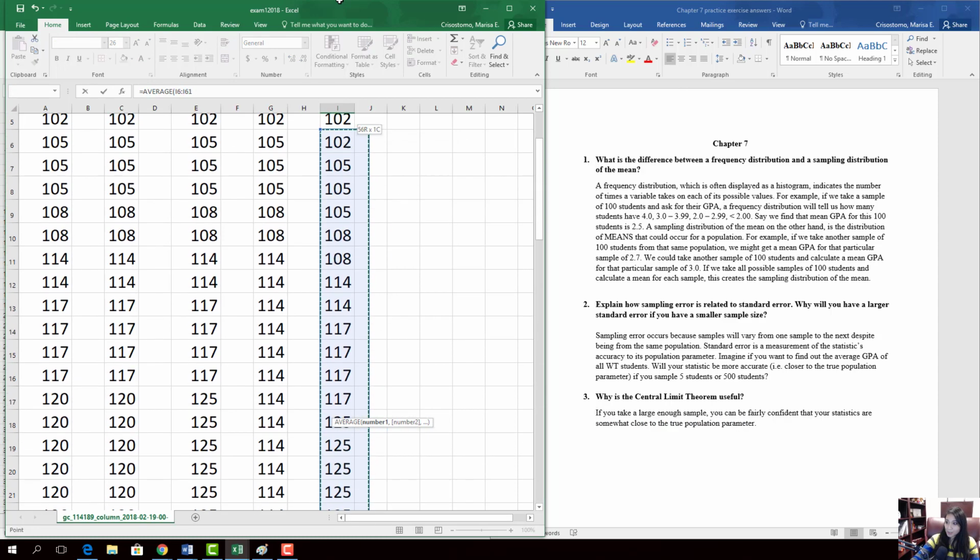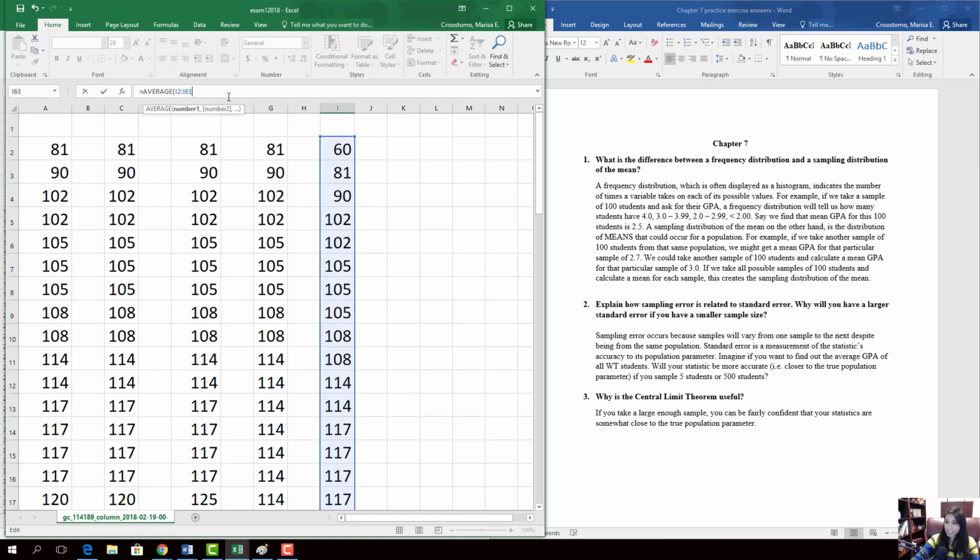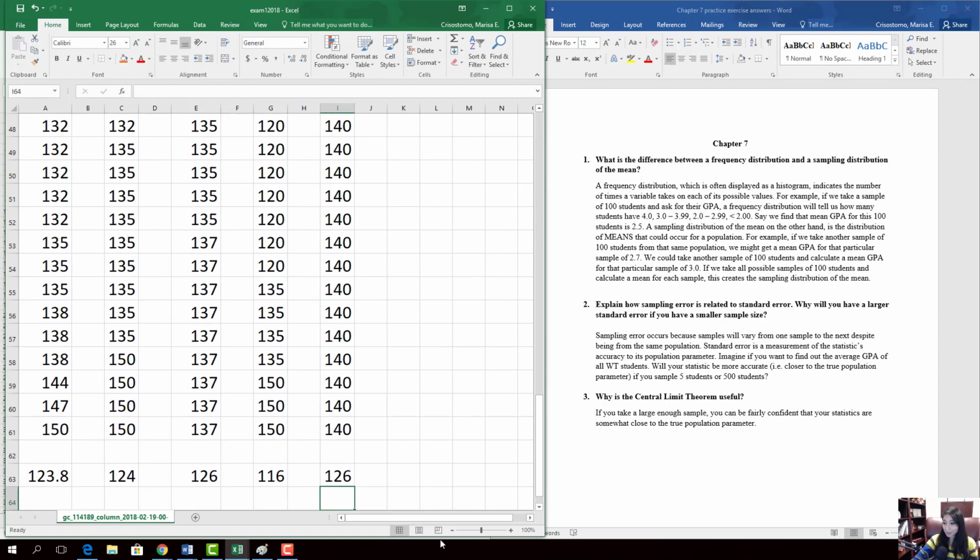Essentially, I can keep sampling, taking a sample of 60 students from the same population being my students, and creating a statistic, right? So these are statistics because these are calculated from a sample. And what a sampling distribution will do, it's creating a frequency distribution with these means here.